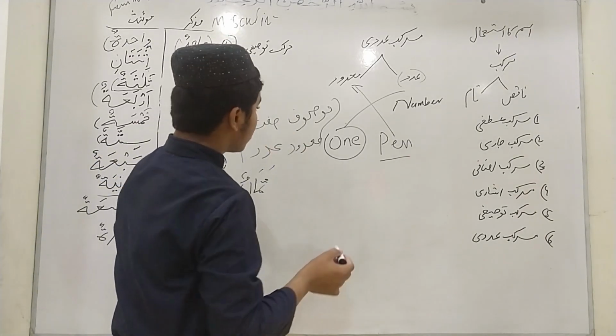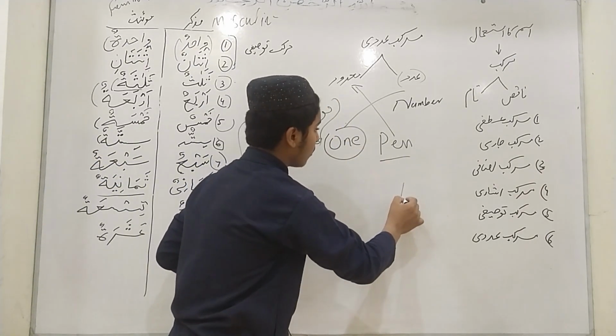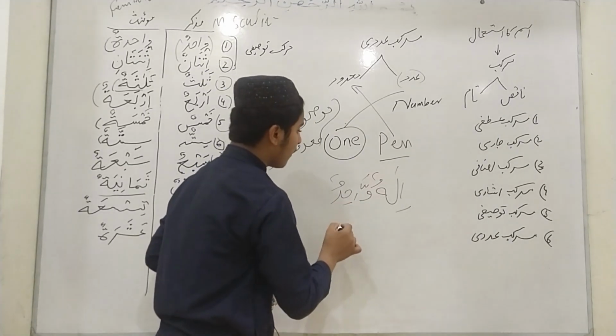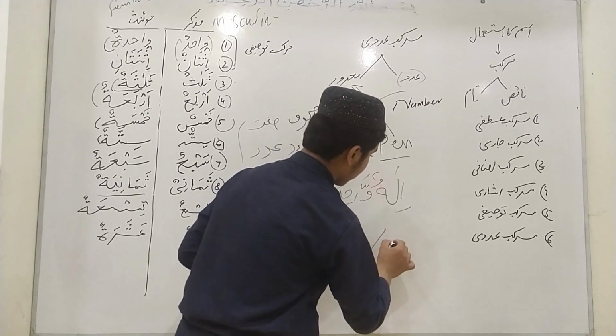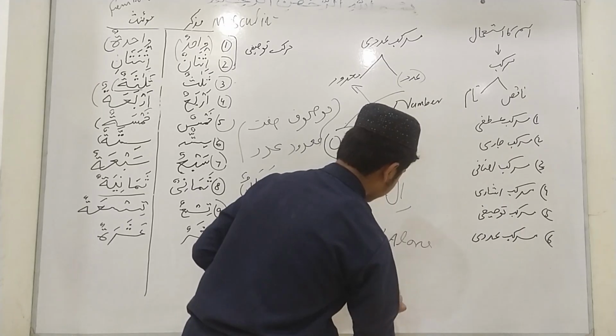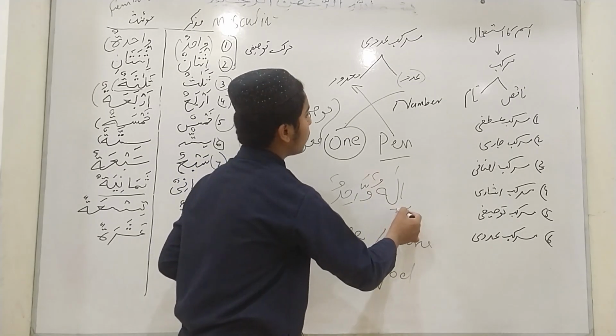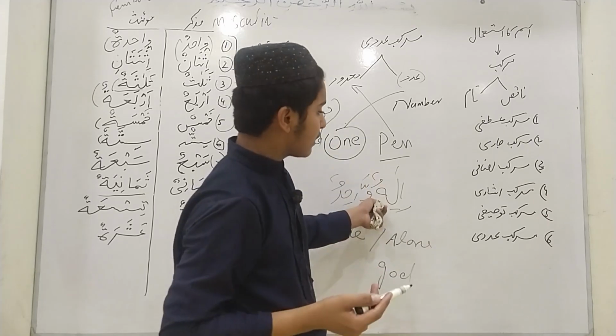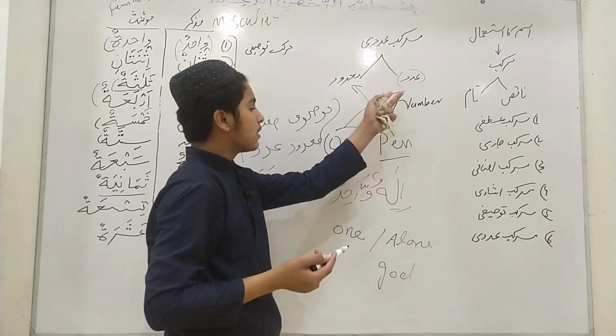Example of first is ilahun wahidun. Ilahun wahidun, one or alone, God. In this, Ilahun is Madud. It is used for Allah Almighty because it is counted in this Murakkab.